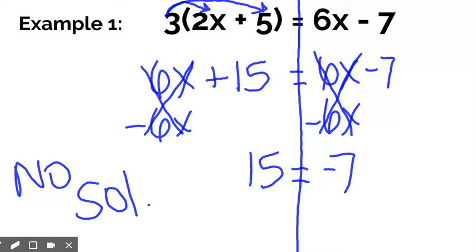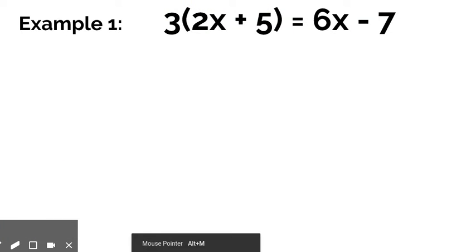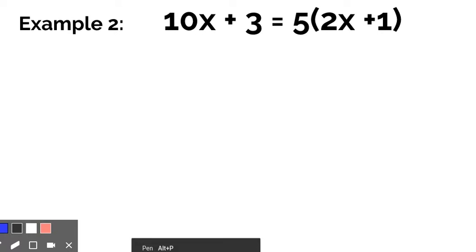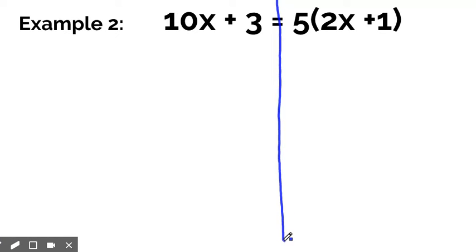So, in example 2, same thing as previous videos. If you want to write this down and pause it so that you can work it out yourself and then check your answer, you can do that. When we work this out, the distributive property is on the right side. Now, there's not always distributive property, but I thought it would be a good thing to throw in just to refresh your memory.